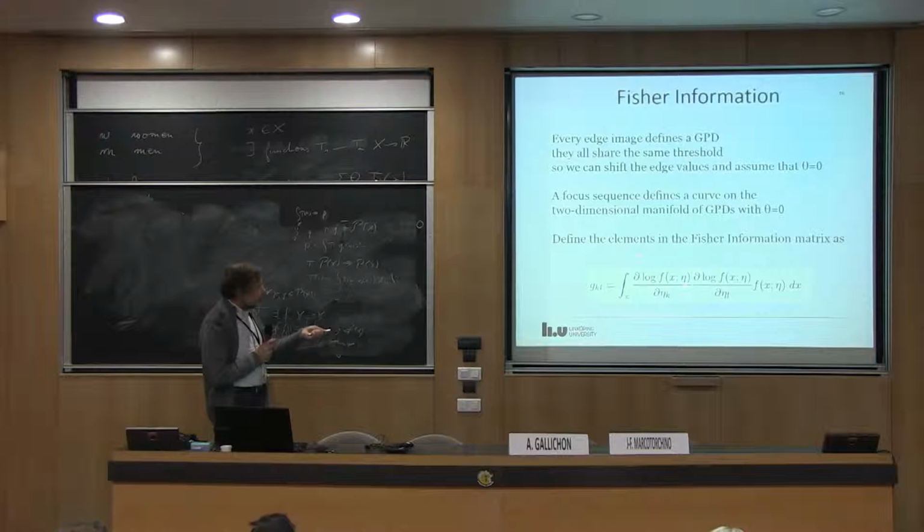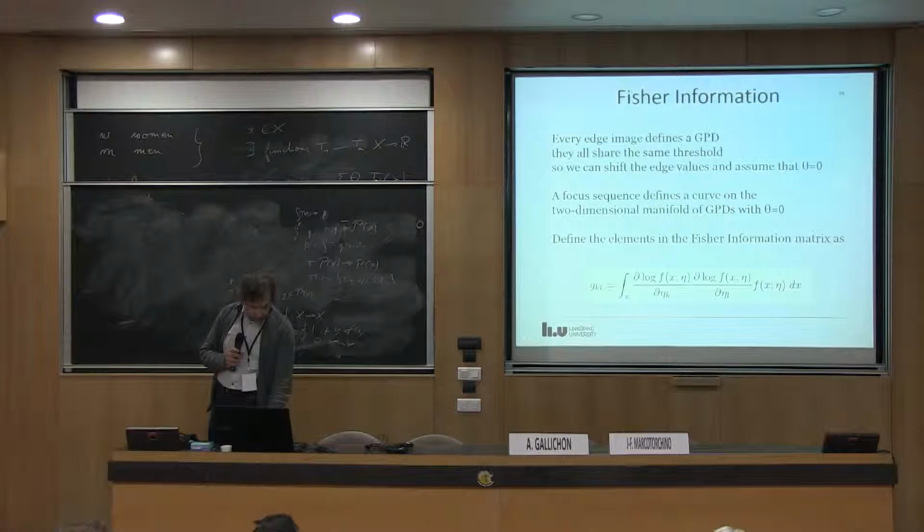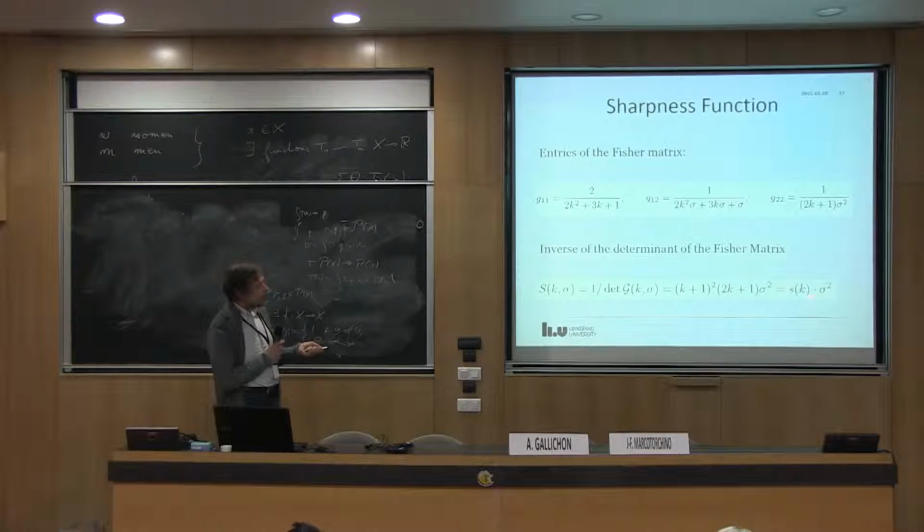So the first thing is that you have to compute the elements in this 2x2 information matrix. You can do this, and these are the 3 elements here. And then I propose to take the inverse of the determinant of the Fisher matrix as a sharpness measure. If you compute the inverse of the determinant, you get this factorization, which means that you have a term with sigma squared, which is roughly similar to the variance.